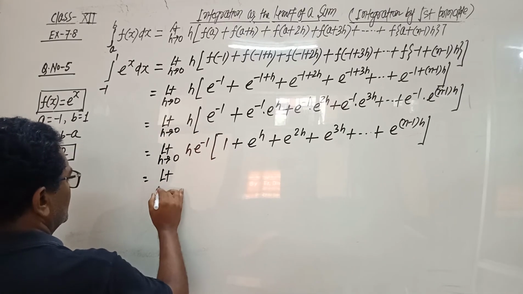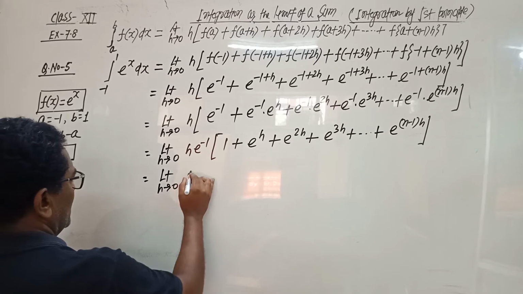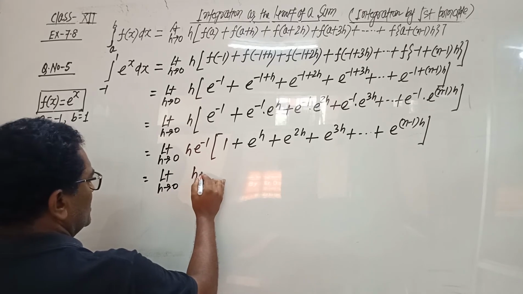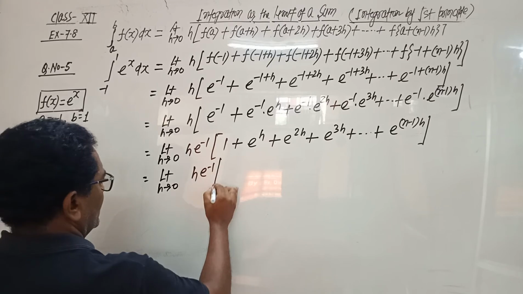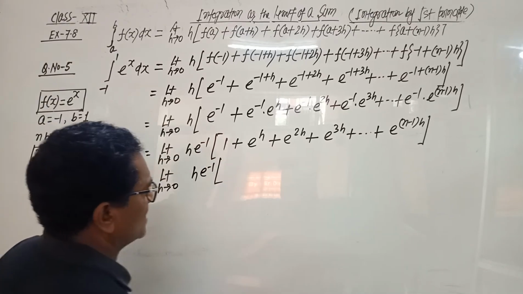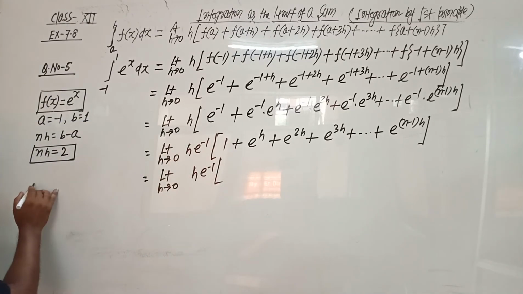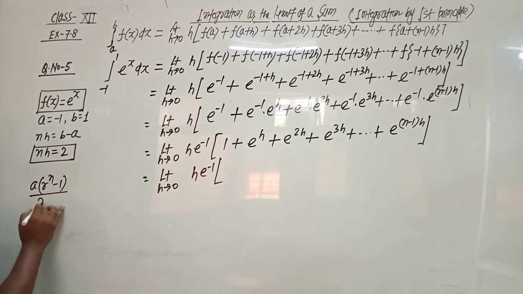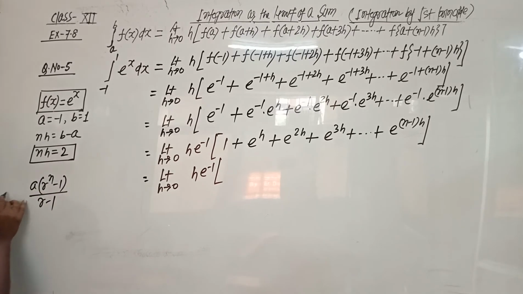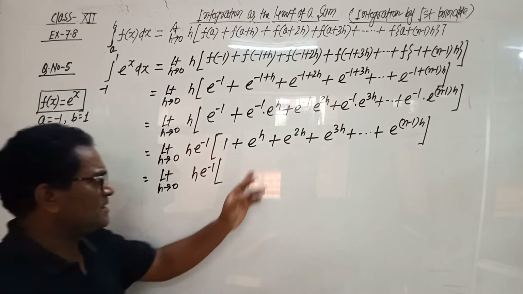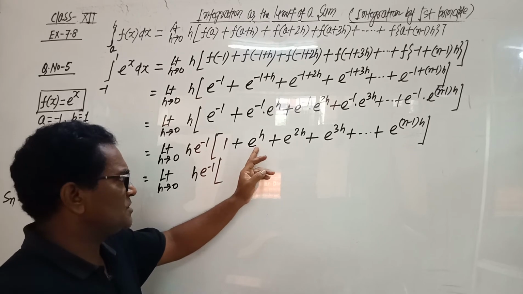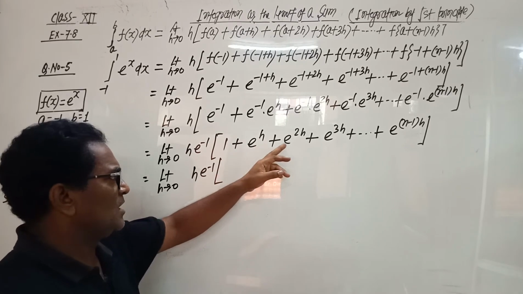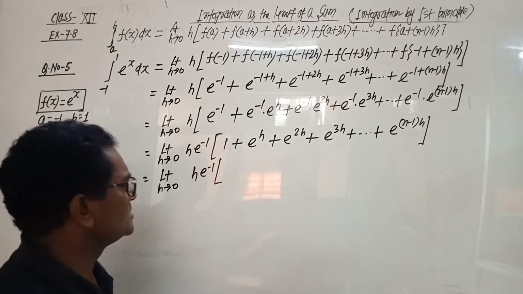So limit h tends to 0, h into e raised to the power minus 1, and the formula for the sum of a GP is a into r raised to the power n minus 1 upon r minus 1, sum to n terms, where r is the common ratio which is e raised to the power h, and the first term a is 1.